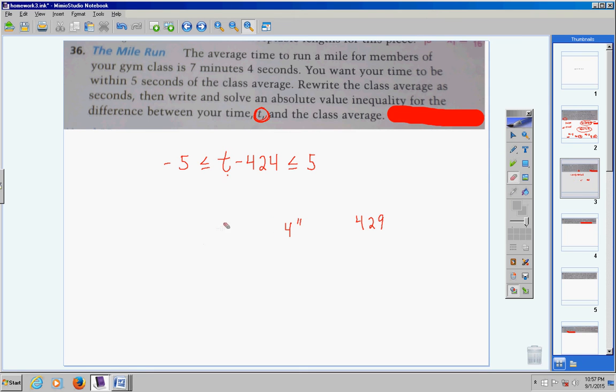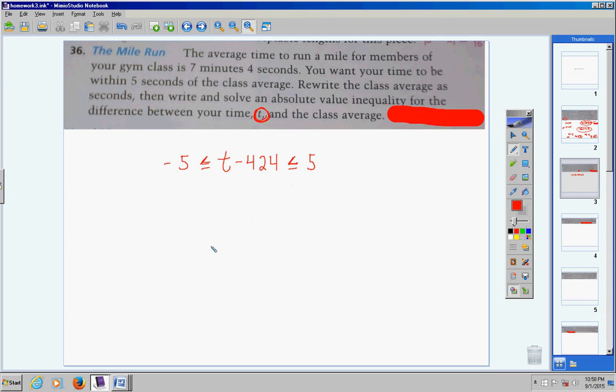So one more time, and then I'm going to move on. Listen to me carefully. When you put your time in, whatever it is, and subtract 424, you had better be within positive 5 or negative 5 seconds off. Now, look at this. We have a conjunction, arrows pointing to the left, right? This number here is identical to this number here, except one's negative, one's positive.